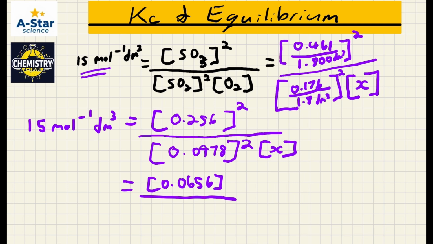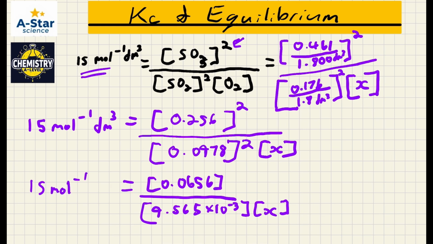Remember, we're squaring because of the coefficients, and that is going to be 9.565 times 10 to the minus 3, all multiplied by X. So now all we need to do is solve for X.